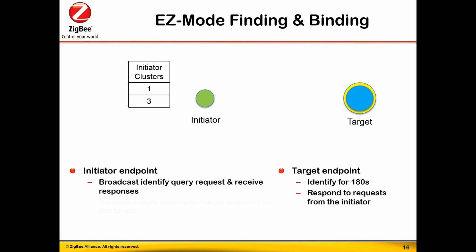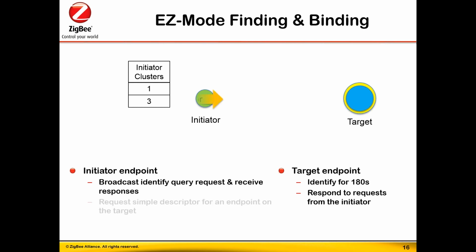And what that does is it causes the initiator to send out an identify query request. What that does is it asks whoever receives this identify query request, if you're identifying yourself currently, then respond to it using an identify query response message. And that effectively allows the initiator to know the existence of the target, and then we can do further things.